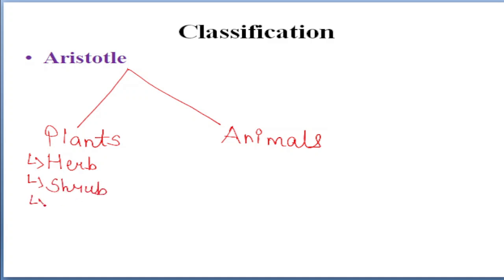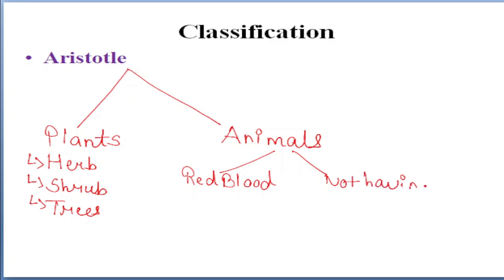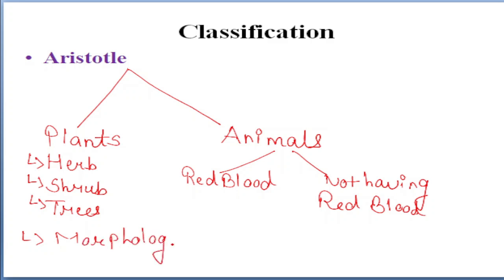While in animals, he again classified those having red blood, while others not having red blood. And this was the first scientific classification, and this was on the basis of morphological study.